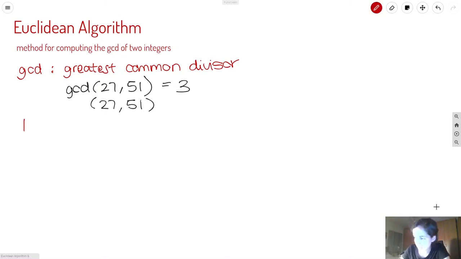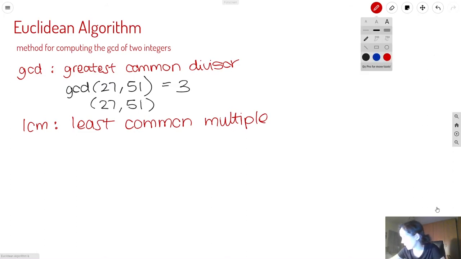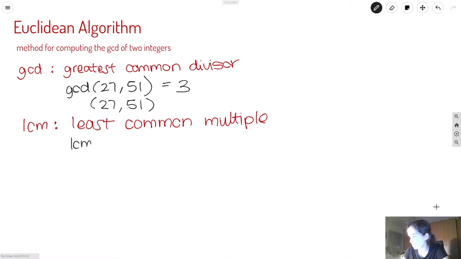Next, let's look at the LCM. It is the least common multiple. Whereas with GCD we indicated it with rounded brackets, with LCM we will use square brackets.